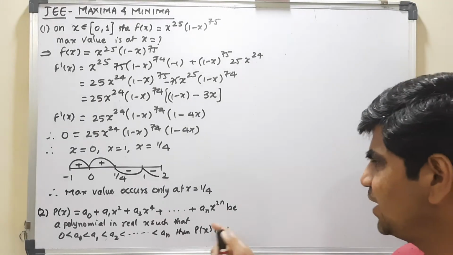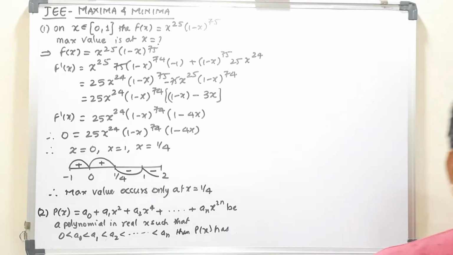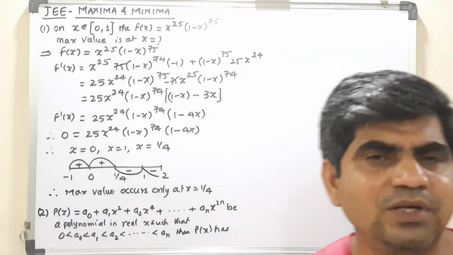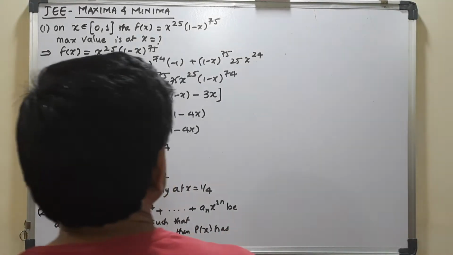So we will have to decide the nature of p of x, whether it is having a maximum at a particular point, a minimum at a particular point, or neither maximum nor minimum, or how many maximum, how many minimum. So we just check it.